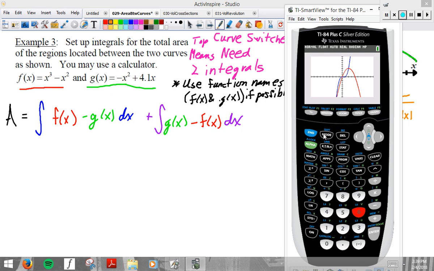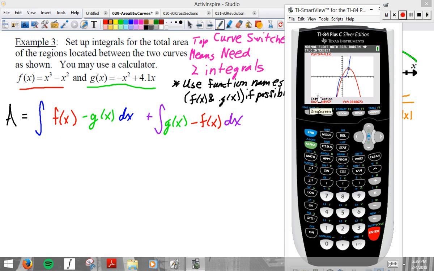So how do I find these intersections? You should be mastering this by now. Second, trace. 5, the intersect method. I'm going to drag that little cursor, spider guy, close to the intersection. Enter, enter, enter. And I get this value.